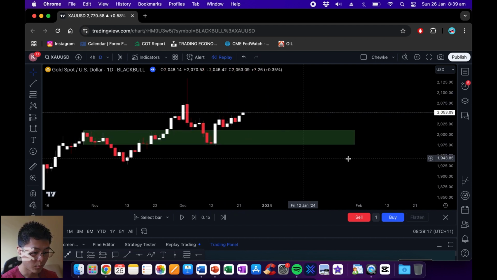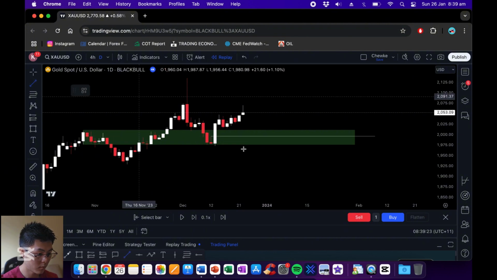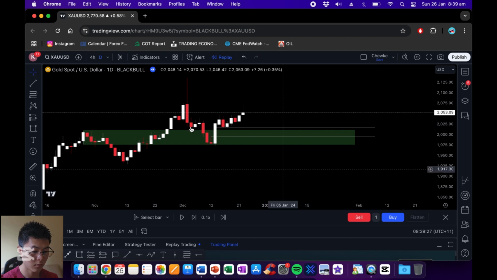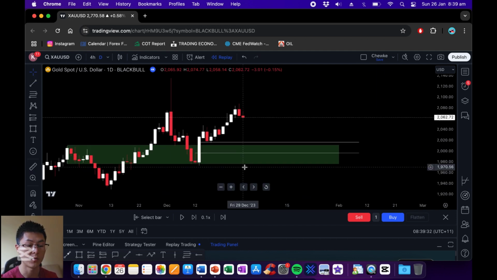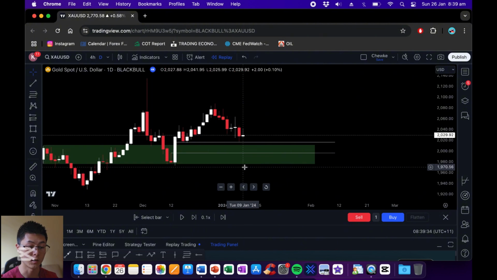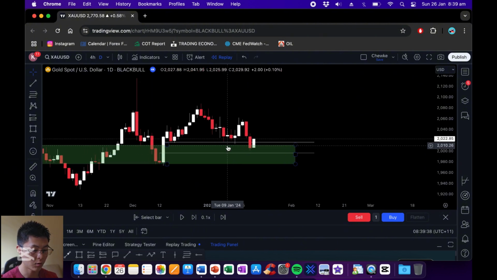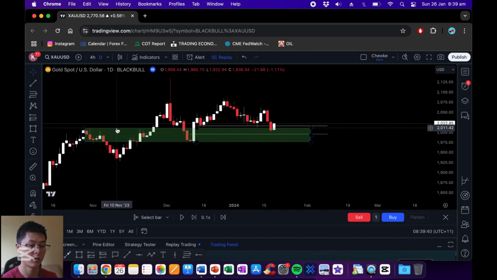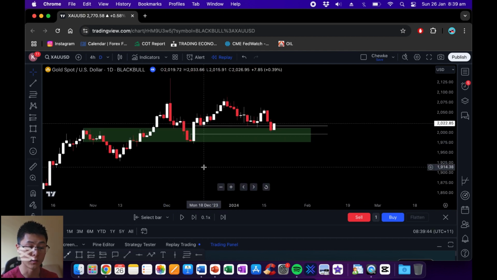What some other people might see is this. They might see a fair value gap and say, hey, look, there's a fair value gap that needs to be filled if I'm trading ICT concepts. Well, where does it come into? It comes straight into this zone here, which we've named as a now demand zone.